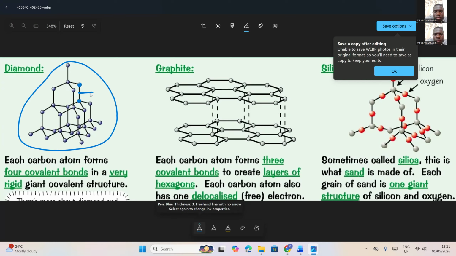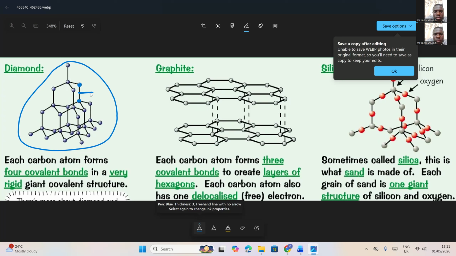Simple molecular structure, you have molecules joined together by weak intermolecular forces of attraction known as van der Waals forces. Then giant covalent structure, you have atoms joined together by covalent bonds.